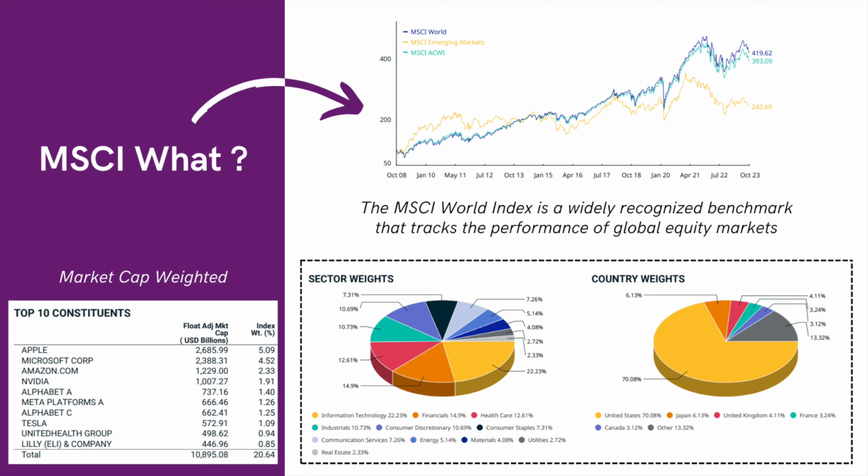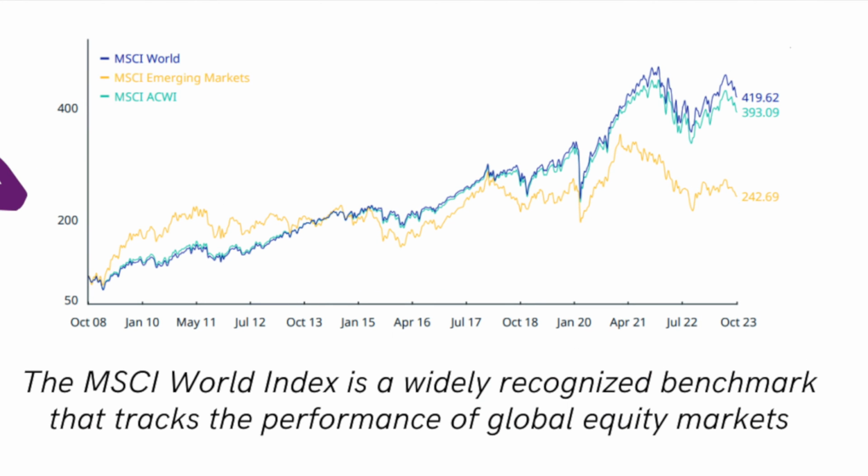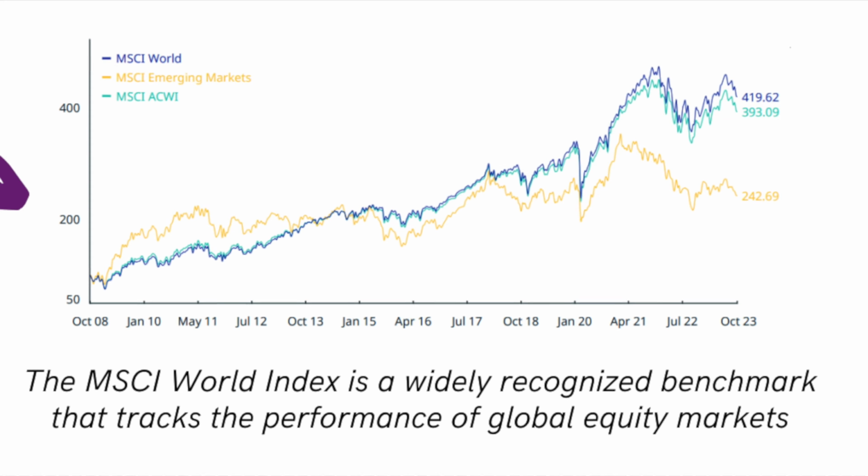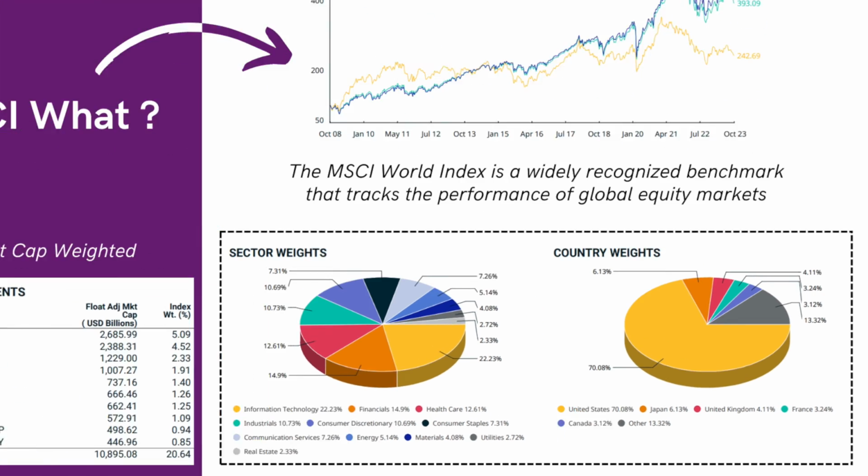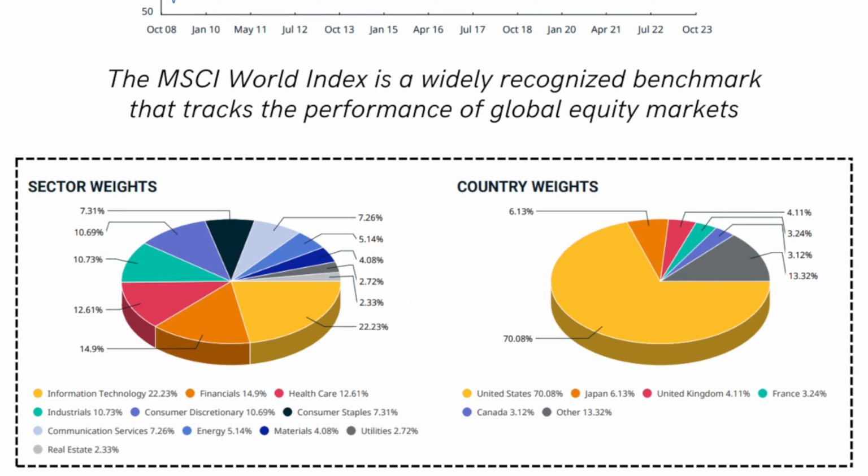And what you can see on screen right now is, first of all, in the top right corner, the performance of the MSCI World compared to the MSCI Emerging Markets Index and the MSCI All Countries Index. Then at the bottom, you can see the sector weights within the MSCI World ETF, as well as the weights per country.